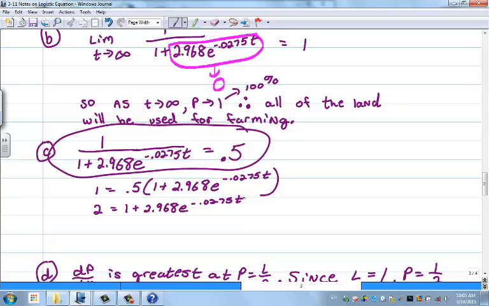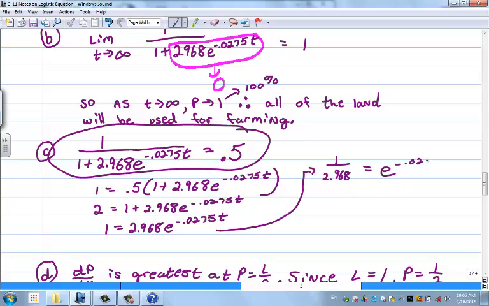And then you subtract 1, so you get 1 equals 2.968 e to the negative 0.0275 t. So then we get 1 over 2.968 equals e to the negative 0.0275 t.